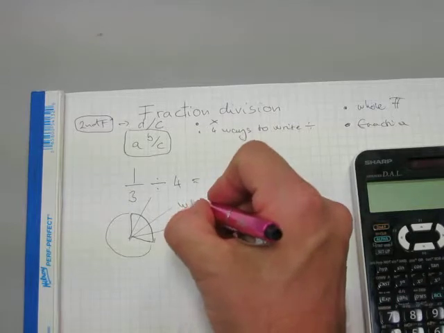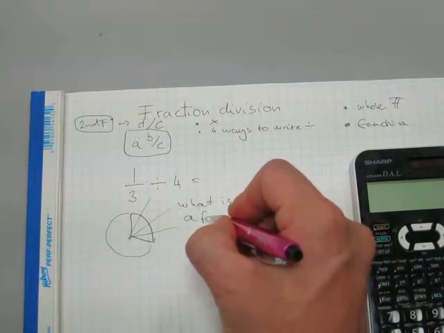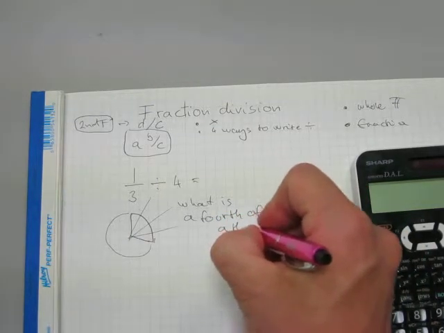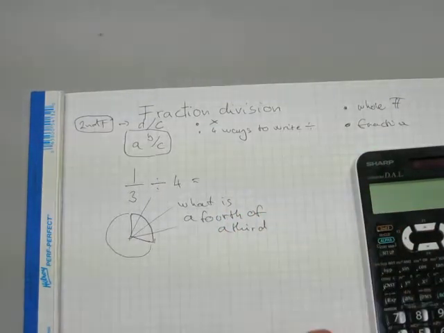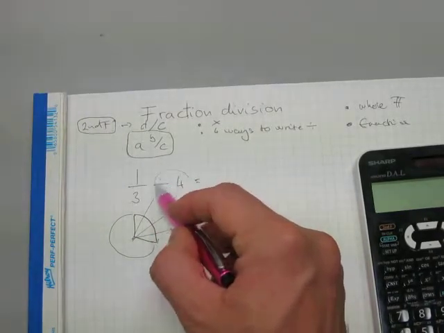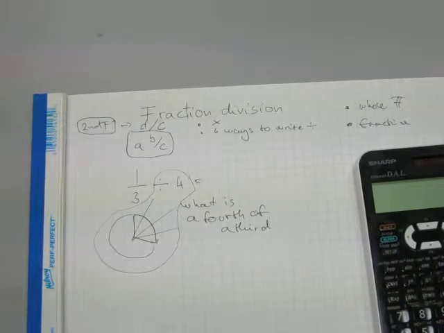what is a fourth of a third? Now, this is where the tricky part lies. The divided by 4 means this concept that the 1/3 is to be divided by 4.